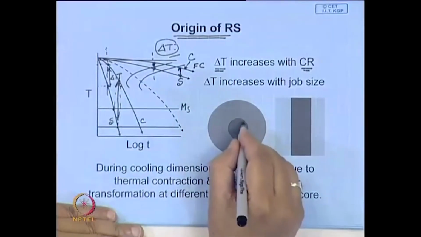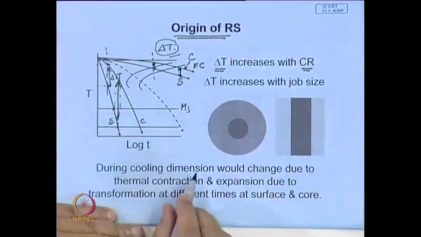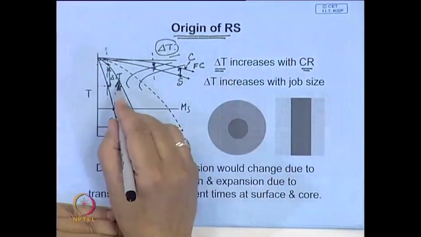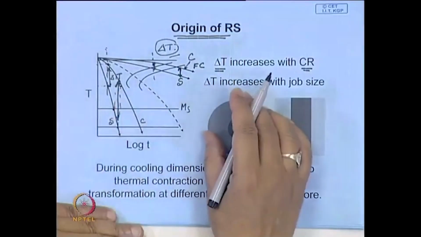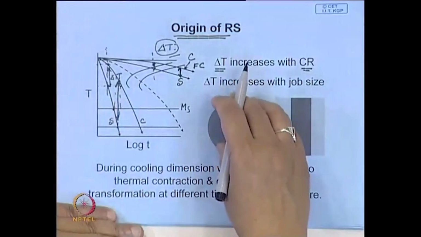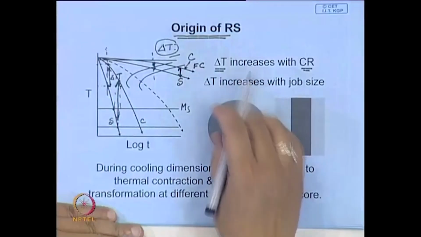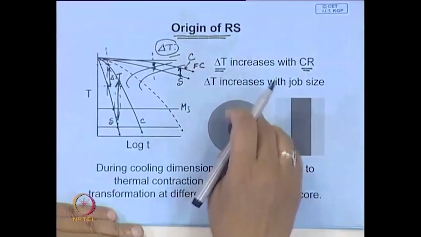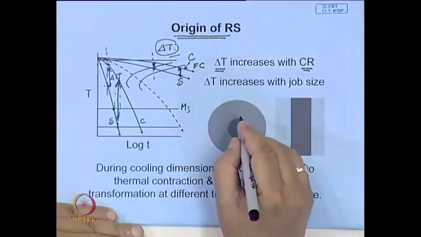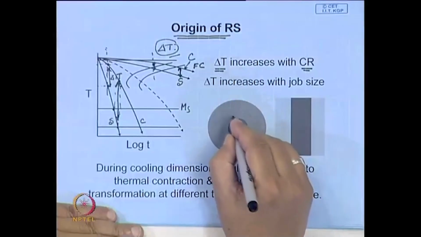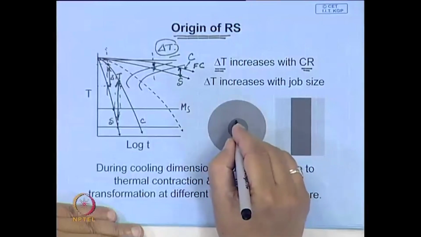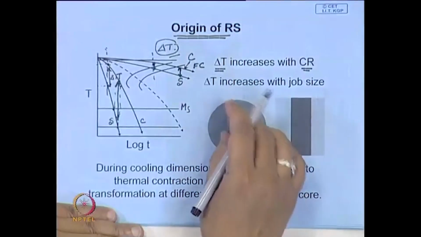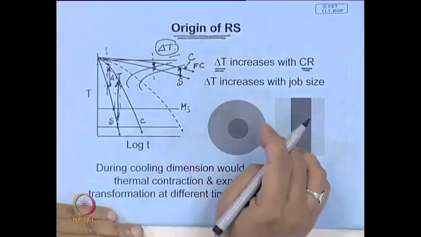So, here the transformation has not started yet, and its strength is lower. So, when the surface is trying to expand, it will subject the core to a stress, and it will deform also.